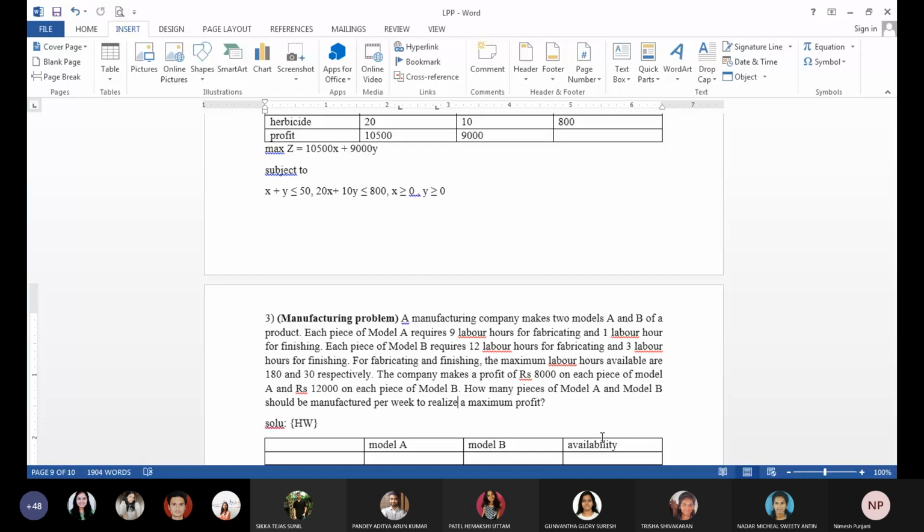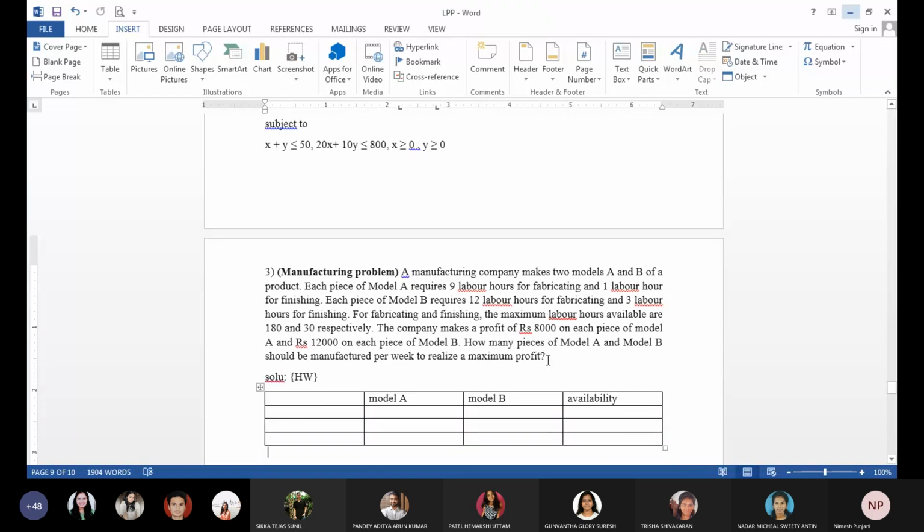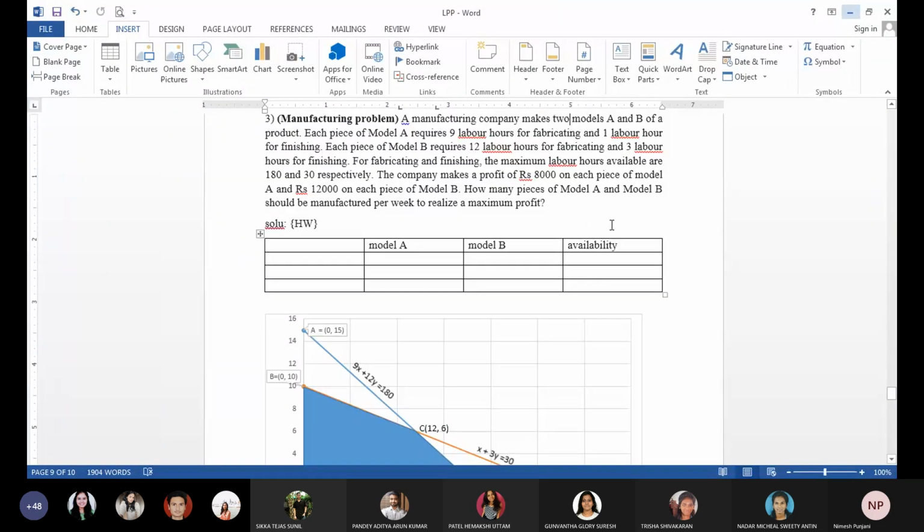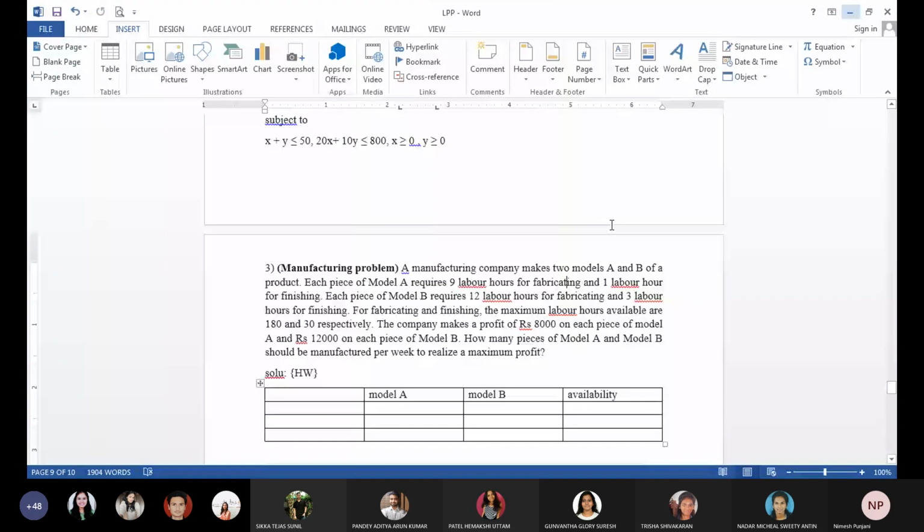So actually the number of pieces, the actual value of x and y, you are supposed to find out in this sum. So this is a sum which includes your formulation as well as your graphical solution. I hope the difference is clear.